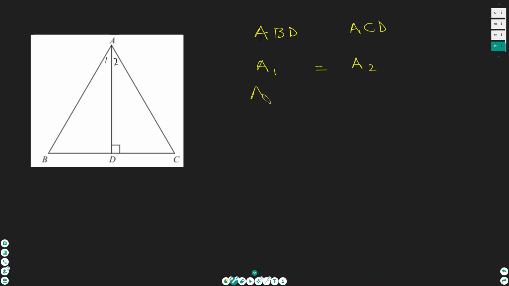The side AB is equal to the AC, as it is an equilateral triangle. And also the AD is a common side. In this case, we proved using the S, angle, S, side angle side.